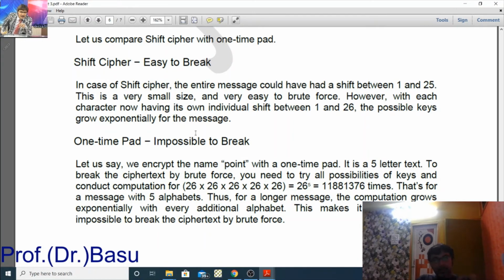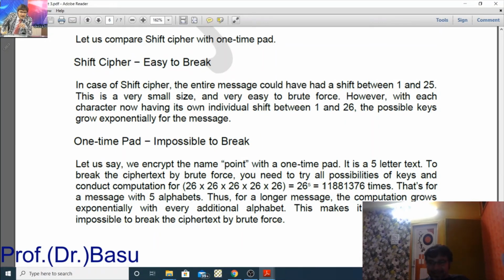Let's say A may be replaced by A, by B, by C; in this way A may be replaced with any of the 26 letters. Same for B. So how many combinations may we expect for a 5-letter plain text? 26 multiplied by 26 multiplied by 26, and so on: 26 to the power 5.